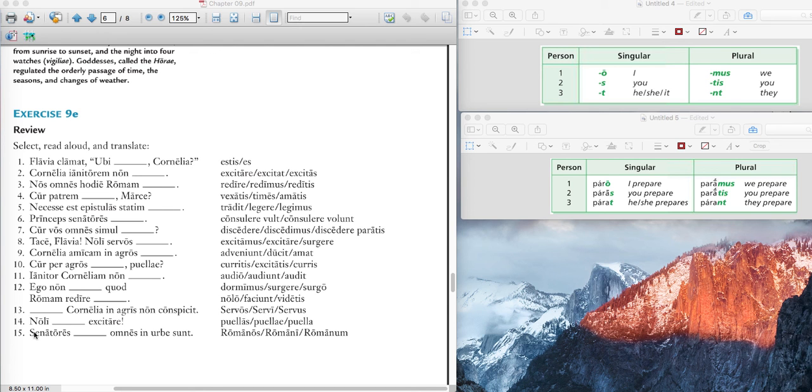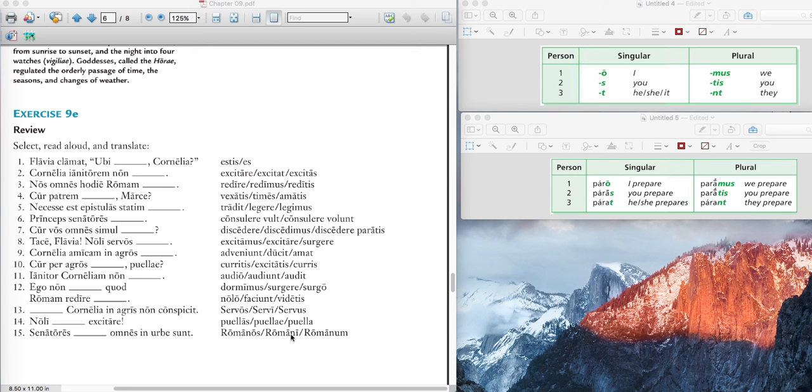And then the only other one maybe that is problematic is senatores blank omnes in urbe sunt. So this is all the Roman senators are in this city. So senatores here, Romani works because this is nominative. Omnes and Romani don't look like they all match up, but senatores and omnes are third declension words.